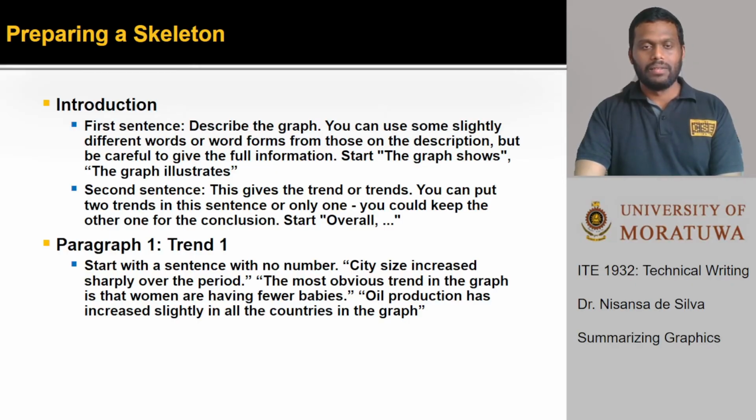Explain something with understandable words. Explain it with relative importance. The city size increased sharply over the period is a good idea. So they know that the size changed from smaller to larger over the period.